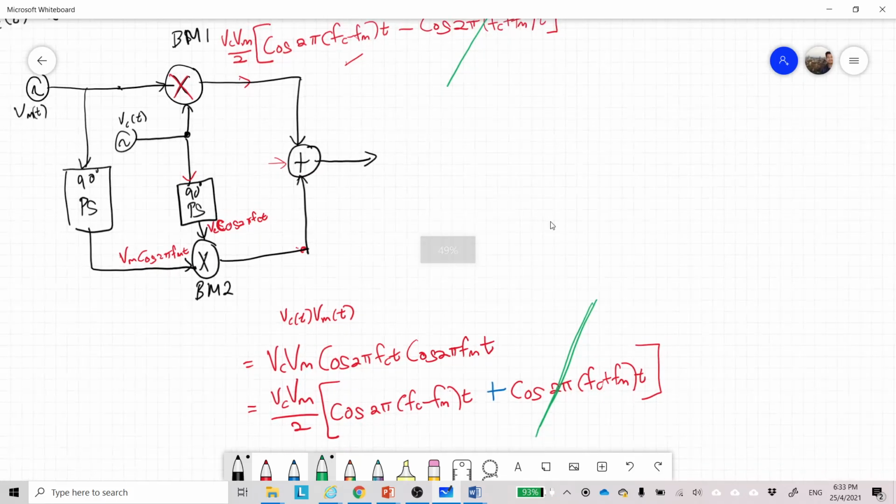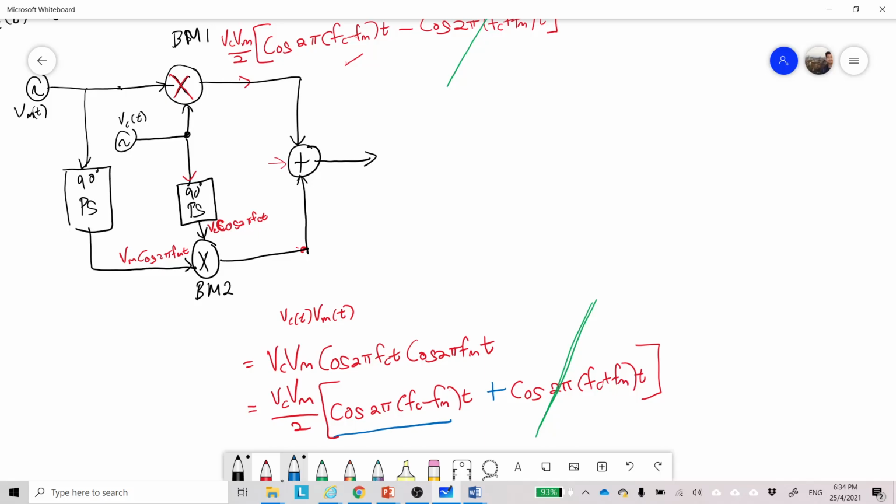So the output here is that we add this cos and also this cos. Therefore the output here is VCVM cos 2 pi FC minus FMT.